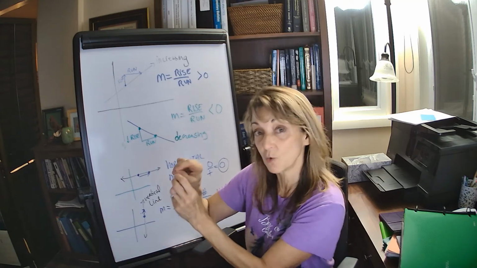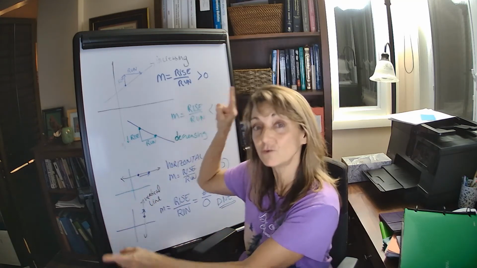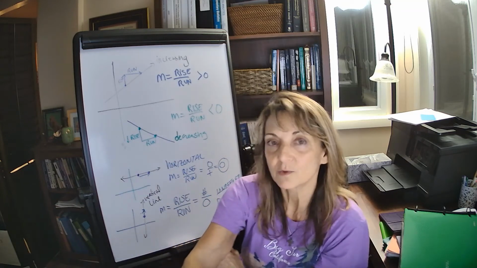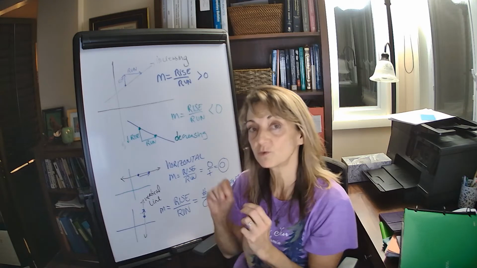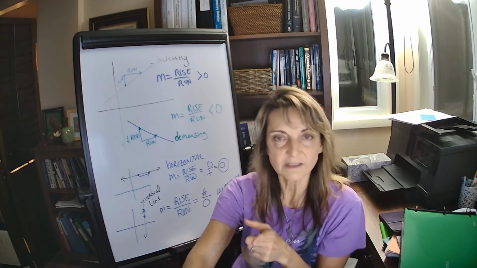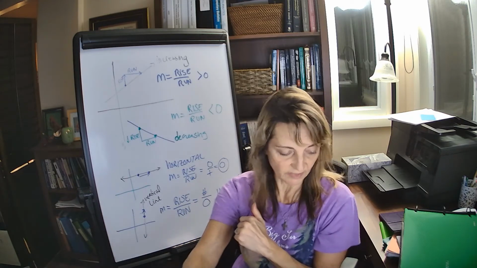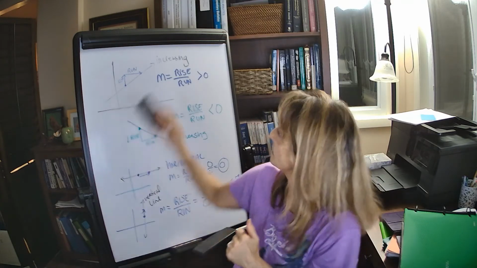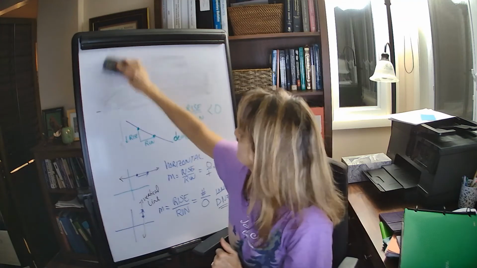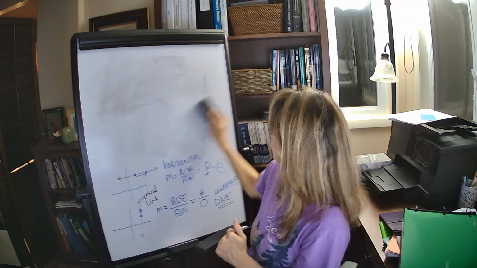That's one of the characteristics of a line, that it has the same slope between any 2 points. So let's think about how we're actually going to calculate that. And again, I have to clean this up.